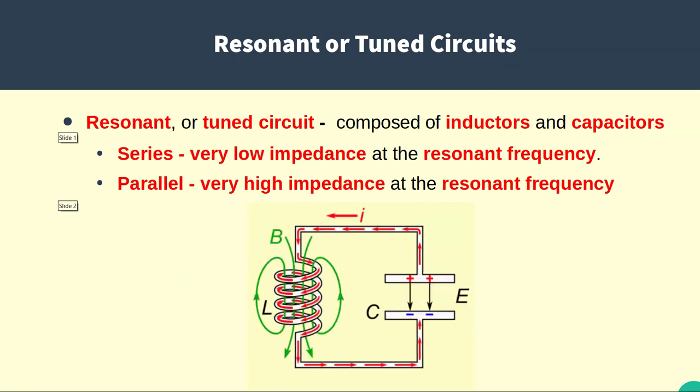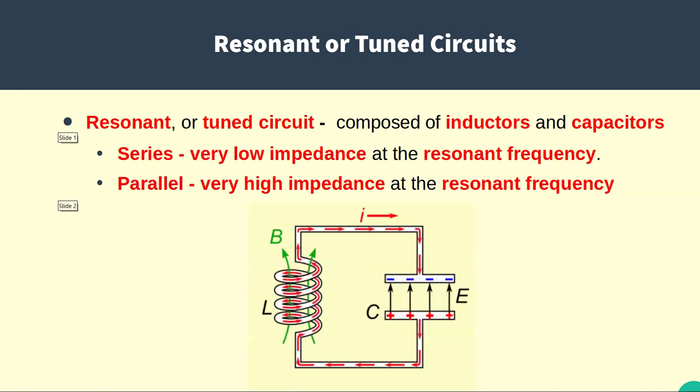That energy is then transferred to the capacitor, where it's stored in the electrostatic field, and the amount of energy is equal. So if there's no loss in the system, that would just continue to resonate, and they would just go back and forth. Now, because in the real world there's some loss, it's going to eventually die out.